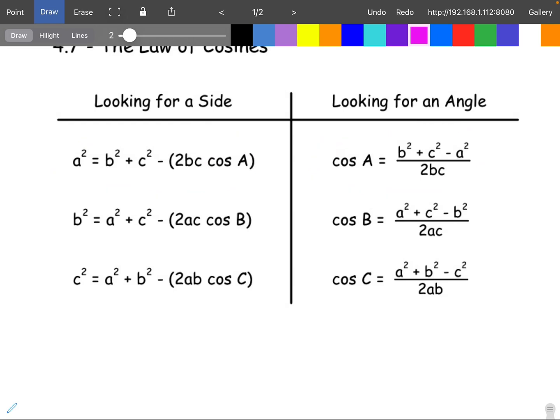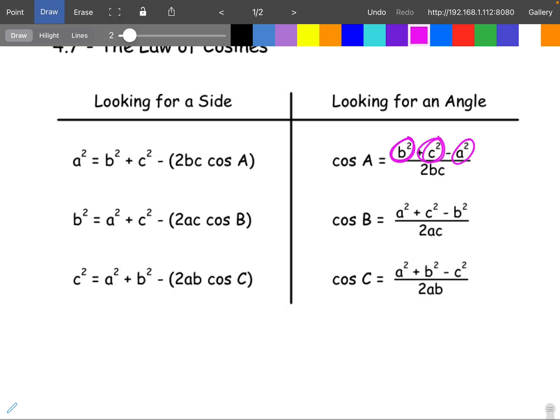So if we are looking for angle A, then we're going to do cosine A equals, and then we're going to do the other 2 sides squared and added together, minus the side of the angle that we're looking for, divided by 2 times the same 2 sides that we added together.